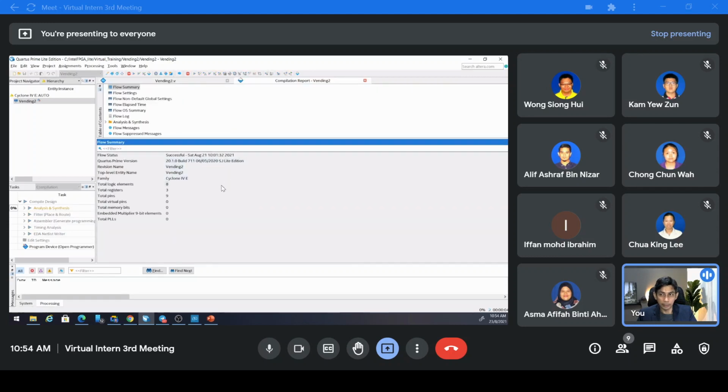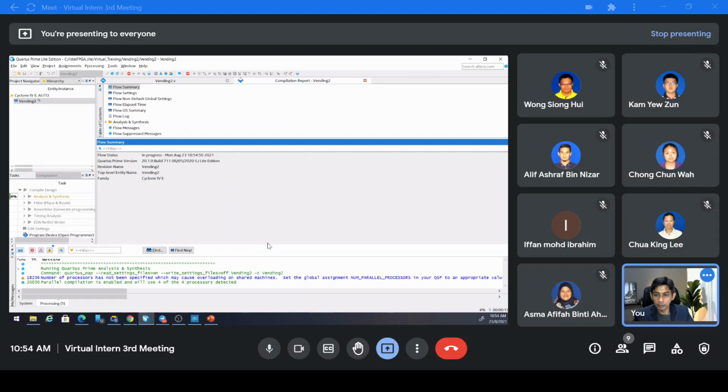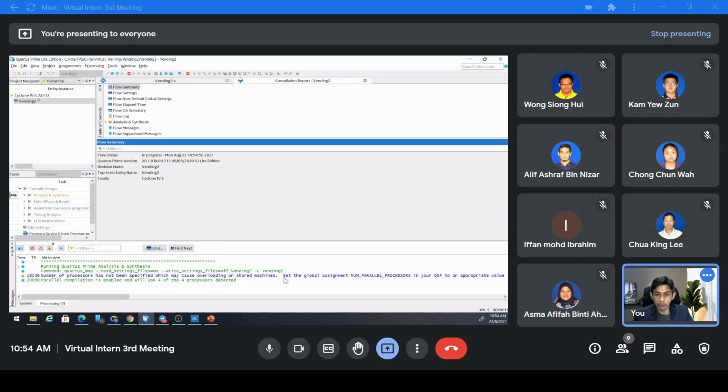So if you have your code now, let's start analysis and synthesis together and see whether we can have the correct output or not. All right, and this is important.